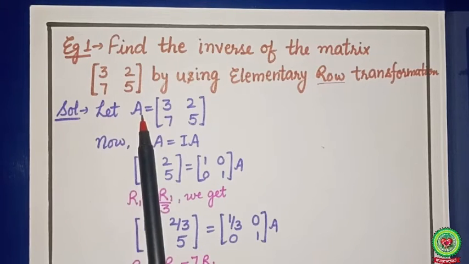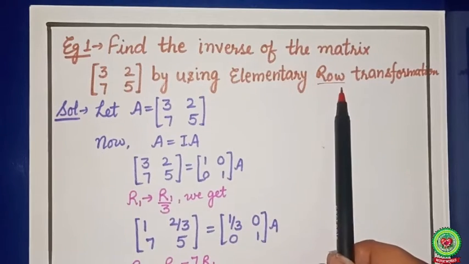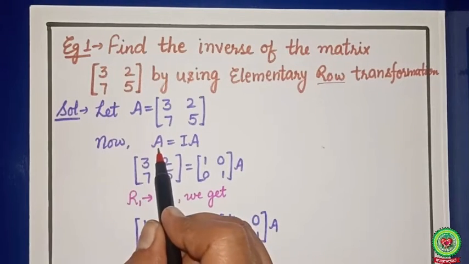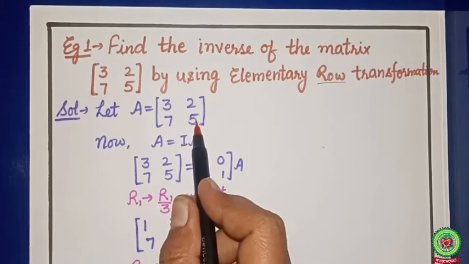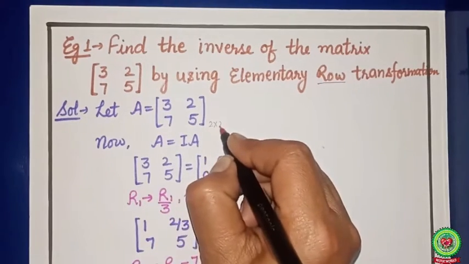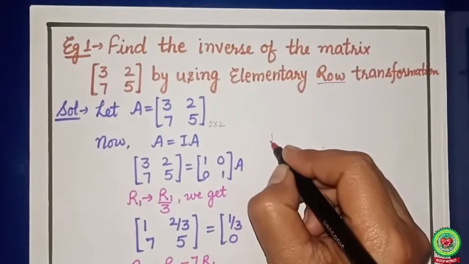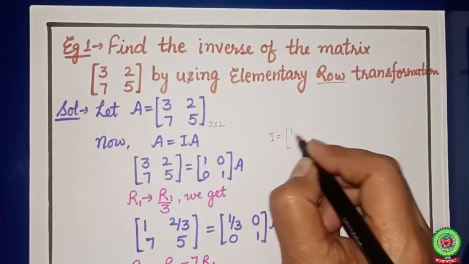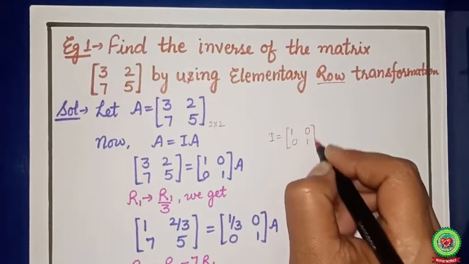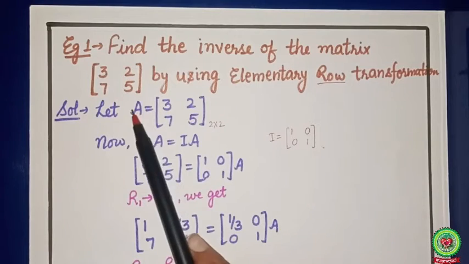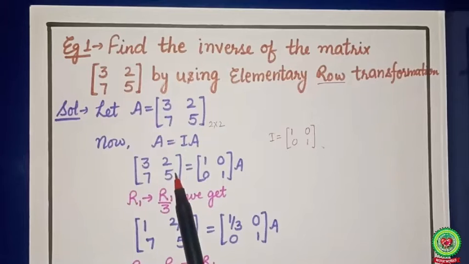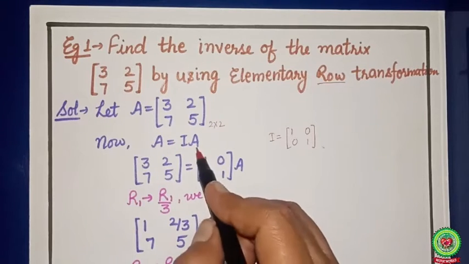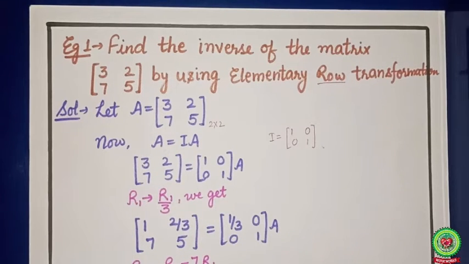Firstly, mark the given matrix as A. Now for the row transformation, we have to start with A is equal to I into A. Here A is of 2 by 2 order. So I will be considered as 1, 0, 0, 1. So here put the value of A and I in the given equation. So here A is there, this is I, this A will be written as it is.